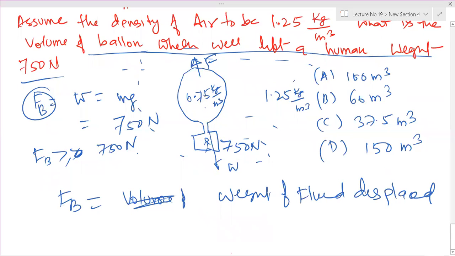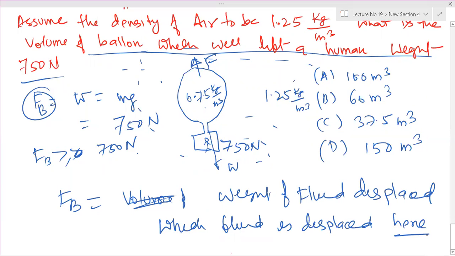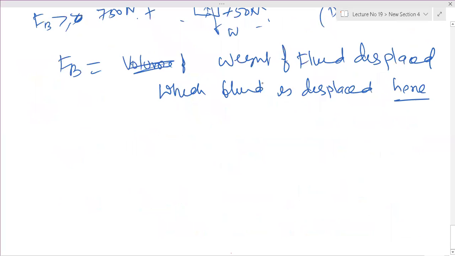So which fluid is being displaced here? You ignore the mass of this methane. Okay, otherwise you have to add here. So don't ignore this mass, it will be very small. So which fluid is displaced?